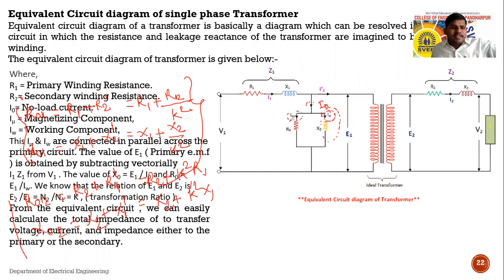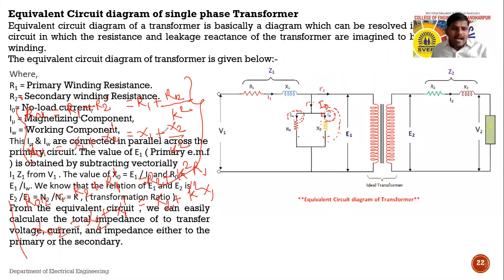And IW is the working component, or active component, of the no load current. These I mu and IW are connected in parallel across the primary circuit, where E1 is the induced EMF at the primary winding.